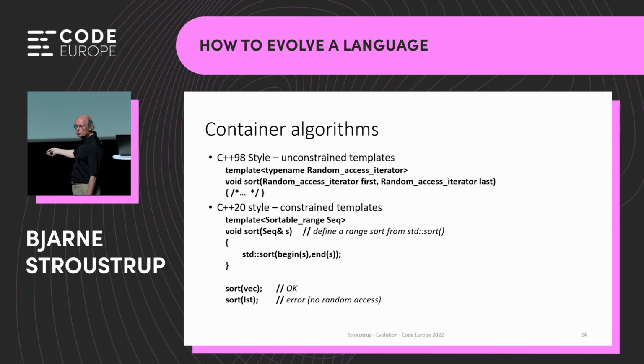If we had the sortable range definition, this one would now work. Basically, the vector has all the properties needed for a random access range, so it will work.